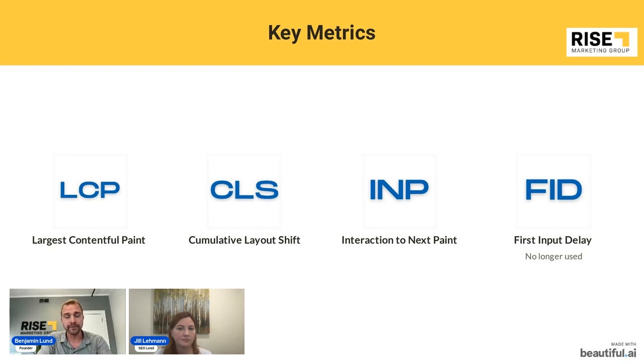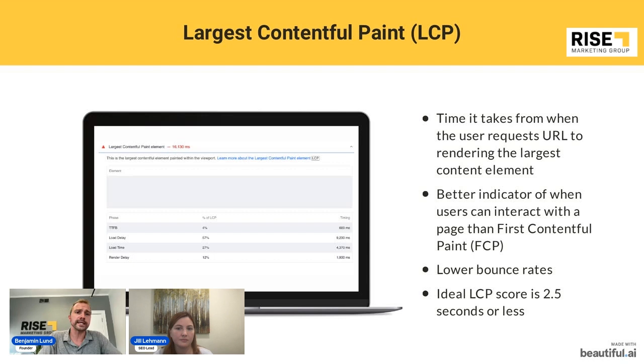If you optimize towards these, understand where to get this type of information, and assess your score, you're going to see some level of improvement, not only from a user perspective, but also SEO. So going into more detail within Core Web Vitals, largest contentful paint, otherwise known as LCP.